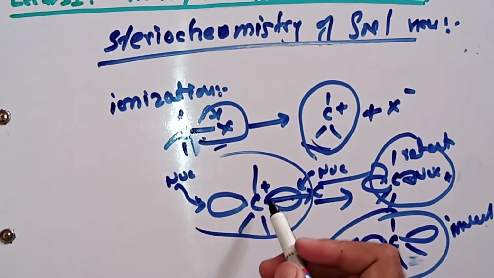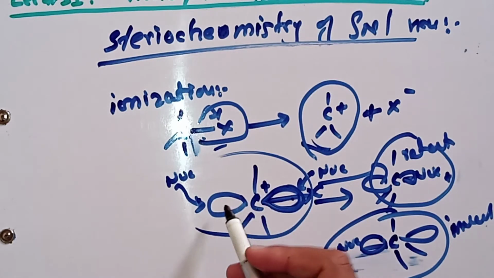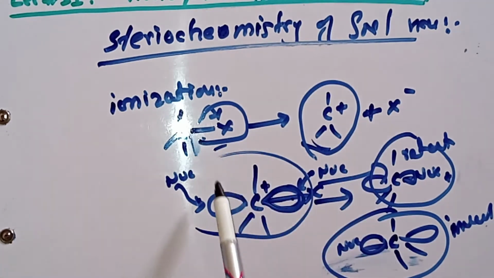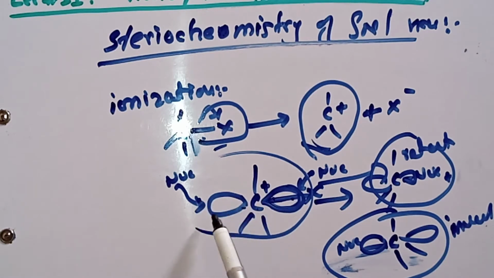There are two lobes of each p orbital, one on the left side and one on the right side. The halide ion, the leaving group, leaves from one side, so the nucleophile can attack from both sides.